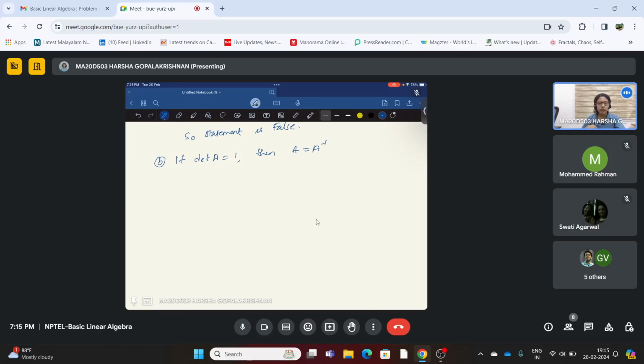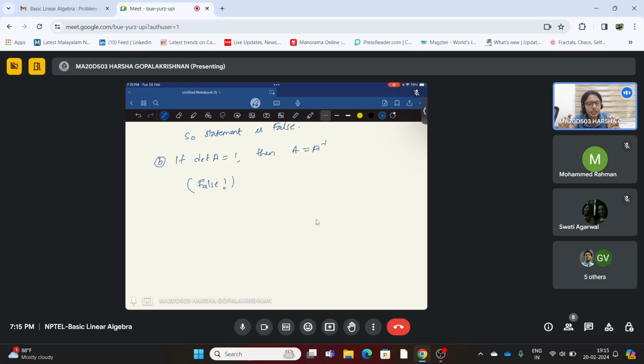The above question was, if A and A inverse are equal, then whether determinant is 1 or not. Now I am giving you determinant equal to 1, then whether A equal to A inverse or not. Again, I can say it is false. I just want you to give some counter example.